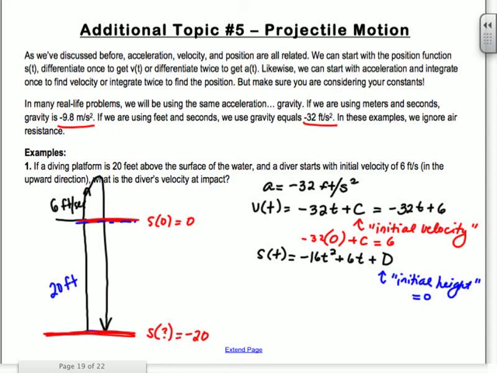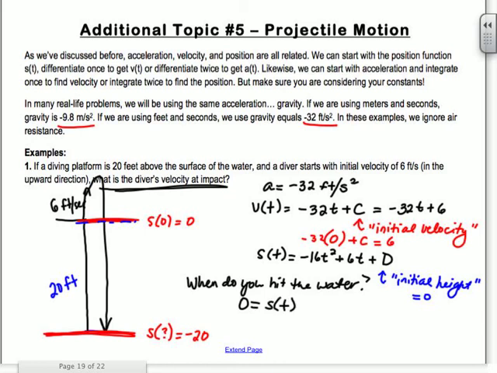Okay, so we want to know what is the diver's velocity at impact. So in order to find that, we first need to find something else. What do I need to find? Time of impact. Yeah, we need to find what time we hit the water. Is that what you're going to say, Kinsey? Yeah. All right, so we need to find the time. So in order to do that, let's say when you hit the water, we're plugging in the position function.